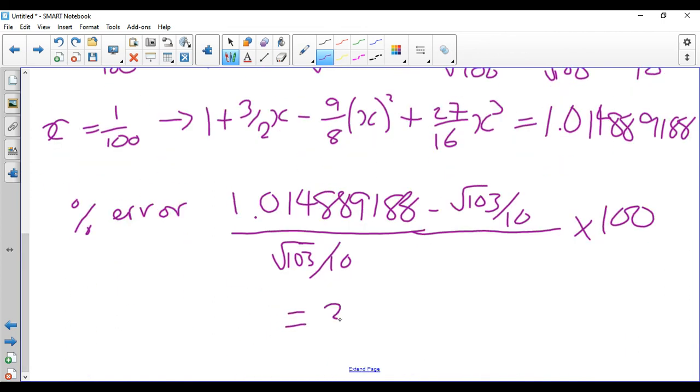I get 3.05 times 10 to the minus 6 percent.